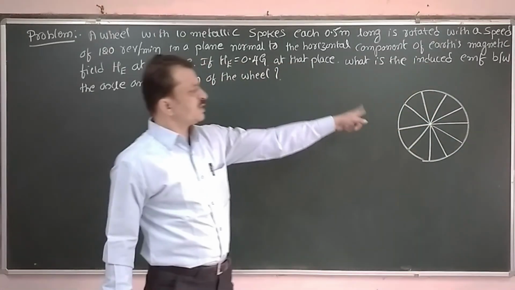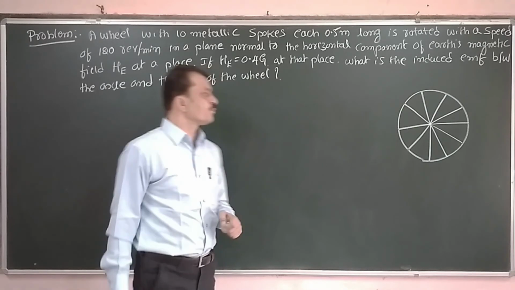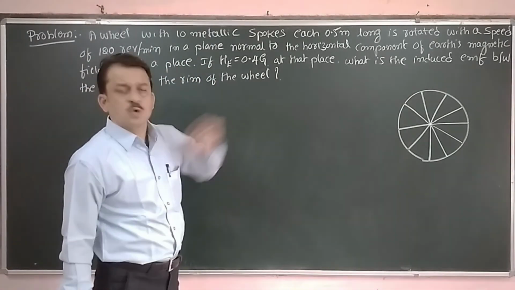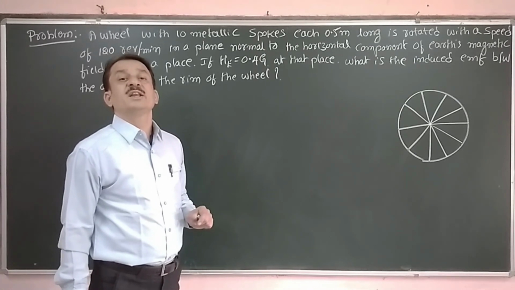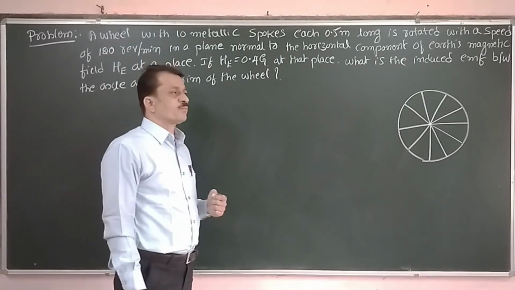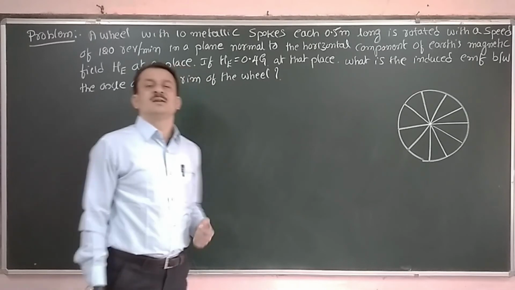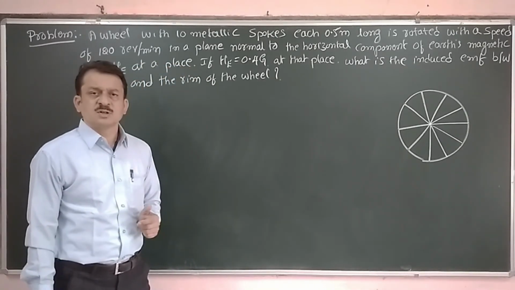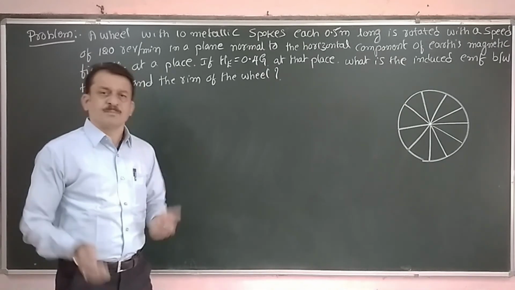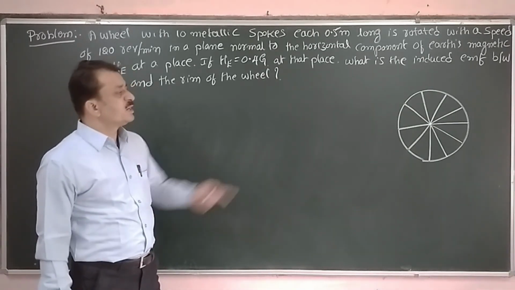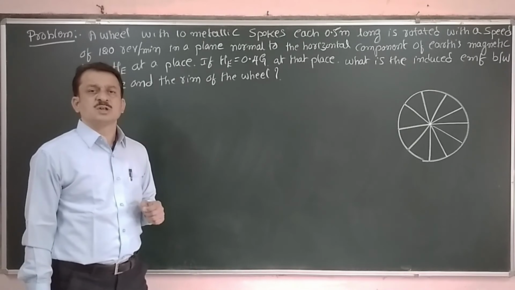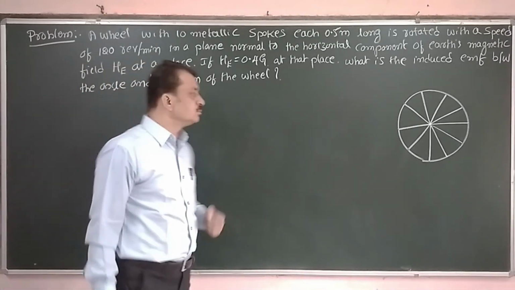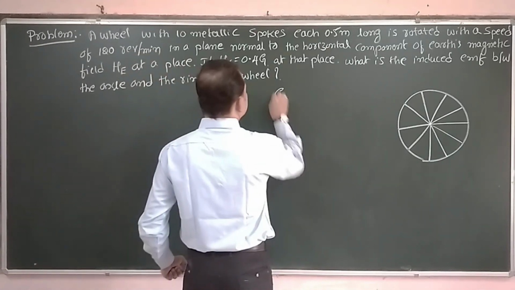Now look carefully, those 10 spokes are in parallel. Since they are in parallel, the EMF induced among all the 10 spokes is the same. Hence, here the number of spokes is immaterial for this problem.